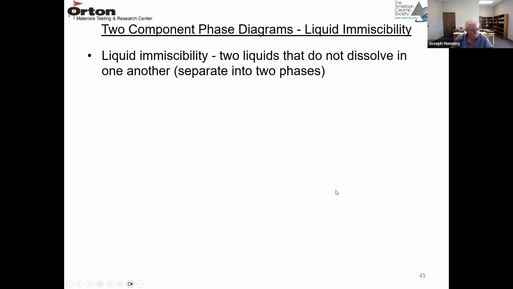And then the last item here is liquid immiscibility. So there are phase diagrams where we have these liquidus domes, where we have two liquids present that don't dissolve in one another. So we can have two separate liquid phases.